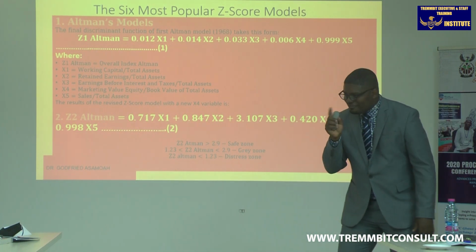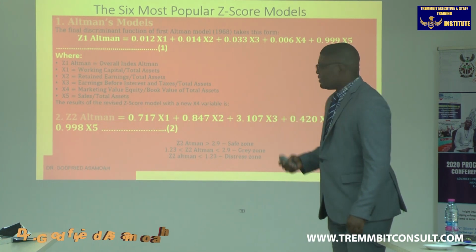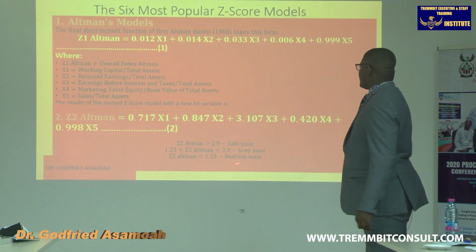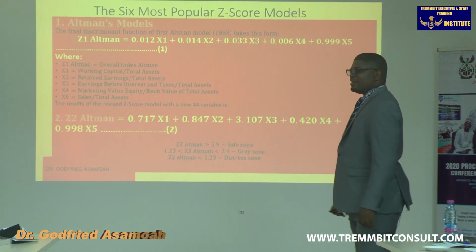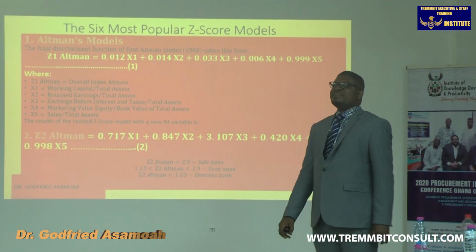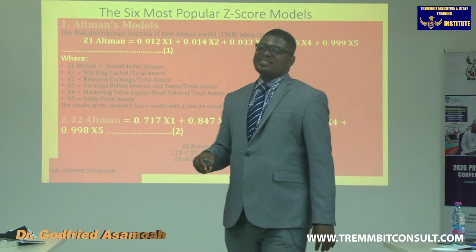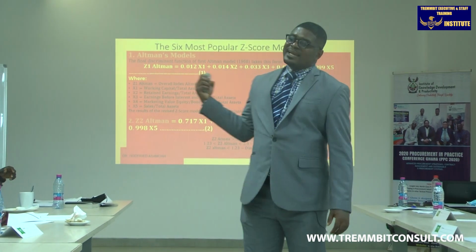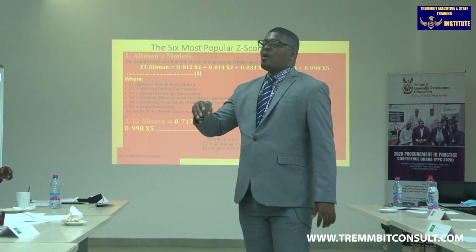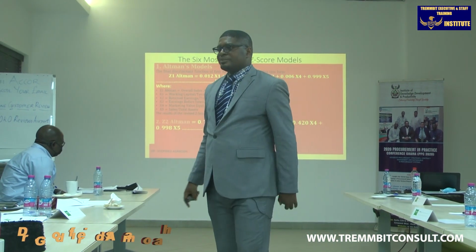It means that the firm is suspicious. It has a high tendency of failing. And then when the Z-score is less than 1.23, it means that the firm is in the financial distress zone, and it faces a very high risk of failing. And in his early work, he was able to show that all the failed firms had a Z-score less than 1.23.